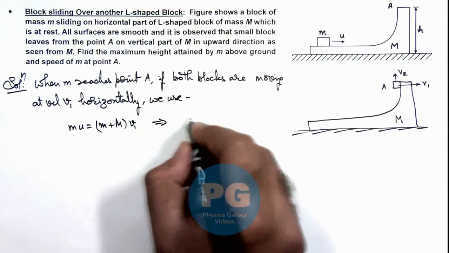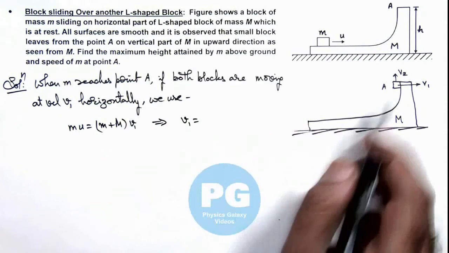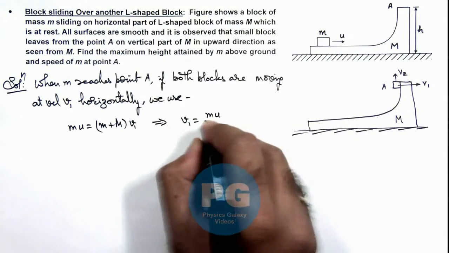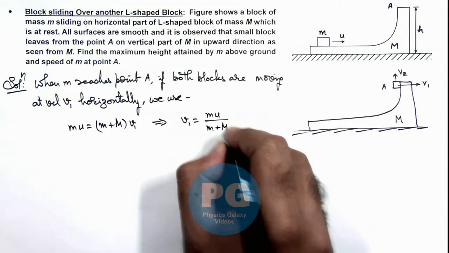This gives us the velocity v1 of the block as well as the L-shaped block in the horizontal direction, which is mu by (m plus capital M).